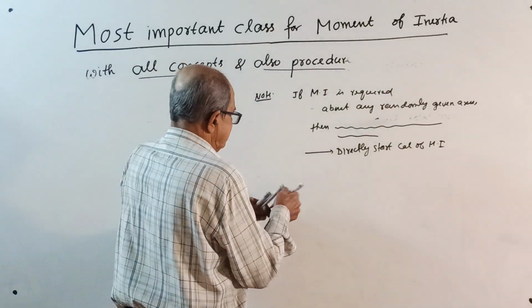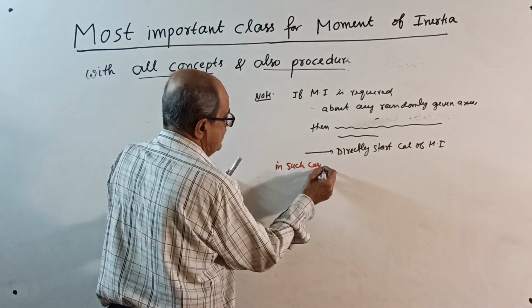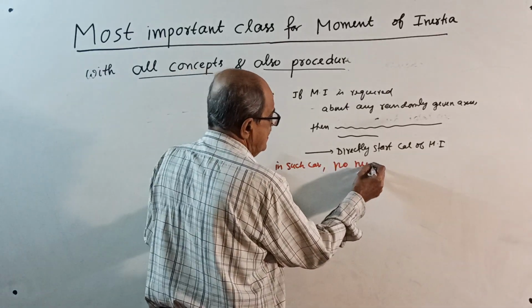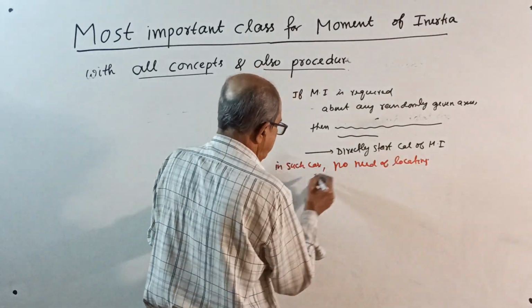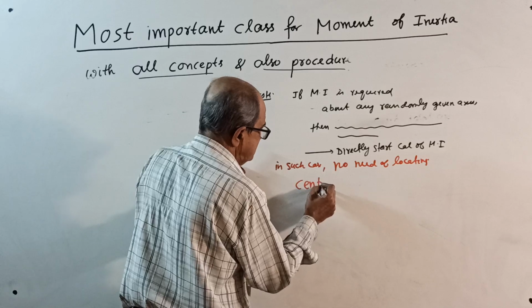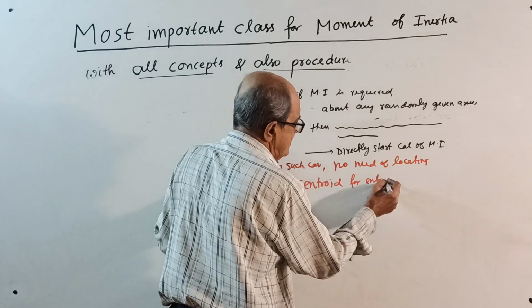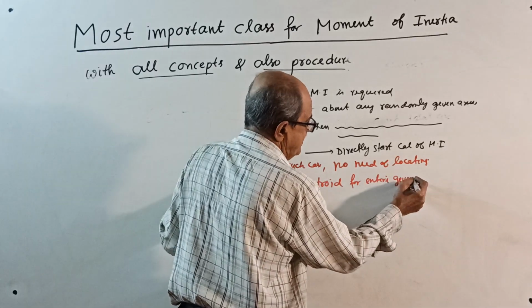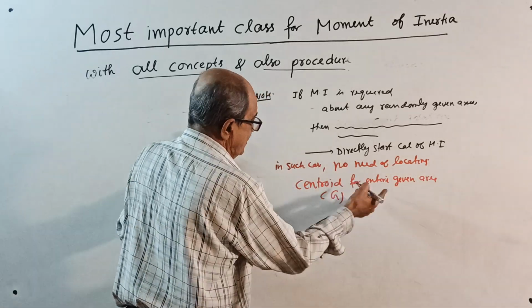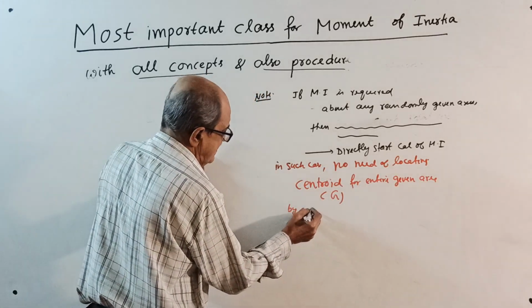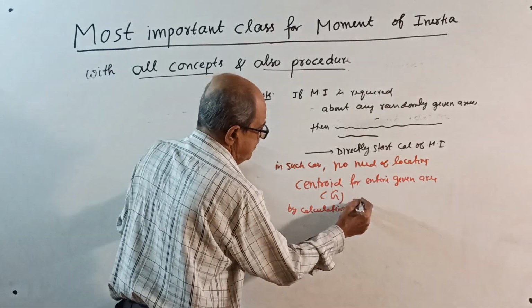In such cases, no need of locating the centroid for the entire given area. Centroid means G. Centroid by calculating, you know it, x bar and y bar.